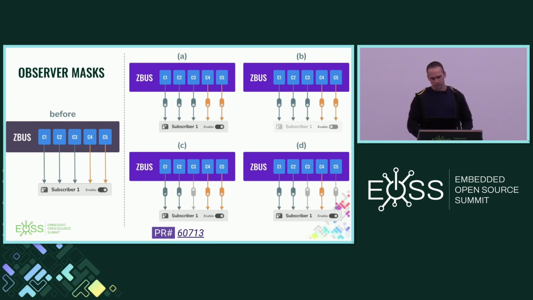It can be static or runtime observer. Both can be disabled on the fly, in runtime, right? So you can do that in a more granular way, which is good because you can keep your subscriber enabled and just disable some channels which you don't want to receive notifications from at that time.